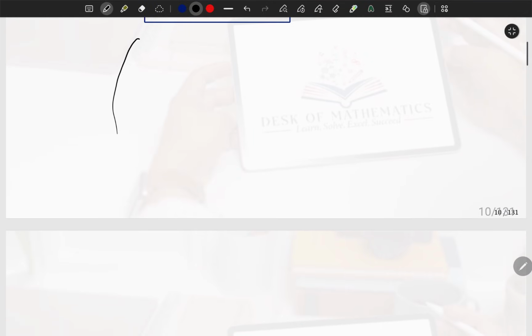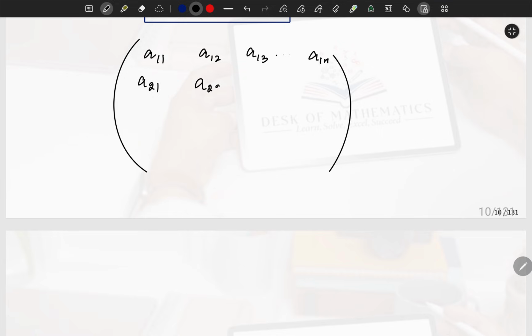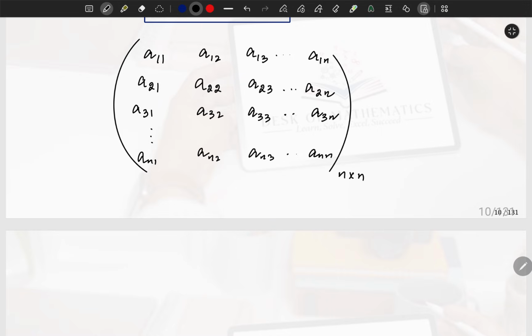Let me make a matrix here: a11, a12, a13, a1n, a21, a22, a23, a2n, a31, a32, a33, a3n, and similarly an1, an2, an3, ann. This is a matrix of order n cross n.